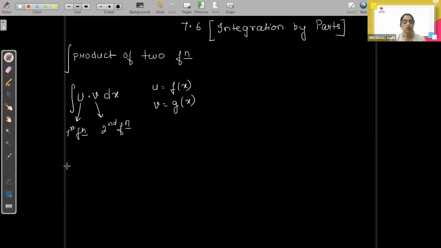Okay, you will say this formula exactly the way I am saying it. कैसे बोलेंगे इसे? So it is integration of u dot v dx. So how to say this?